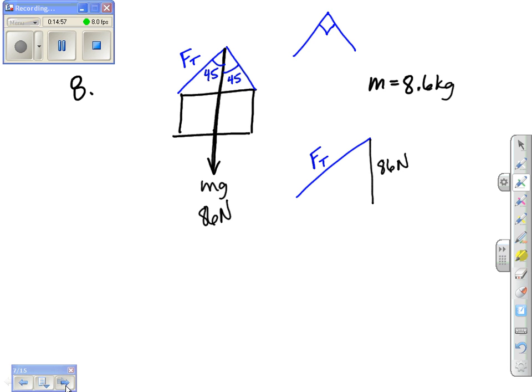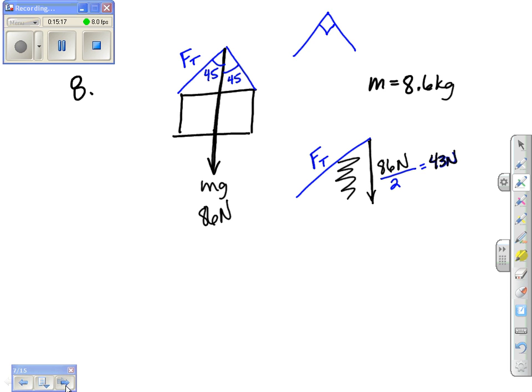Now, we're just dealing with half of it. So instead of dealing with 86, let's go ahead and divide this by 2, and let's deal with 43 newtons instead. Okay, so our black is going to be 43 newtons because we're only dealing with half the triangle. I'm only going to deal with this part of it.